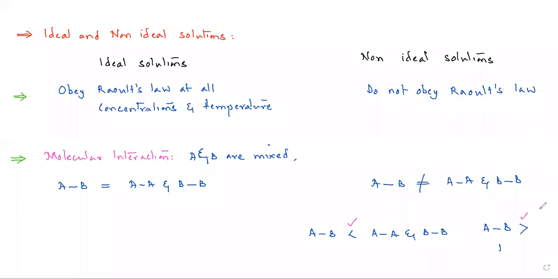If the interactions between the molecules of A and B are less than those between the molecules of A or those between the molecules of B, then we call it a non-ideal solution showing positive deviation from Raoult's law.